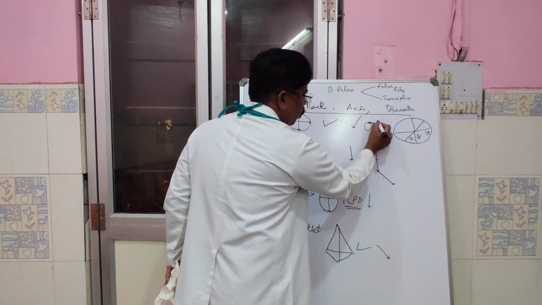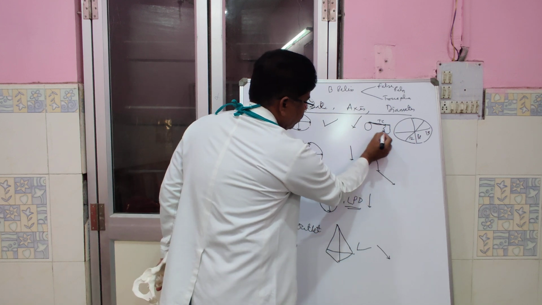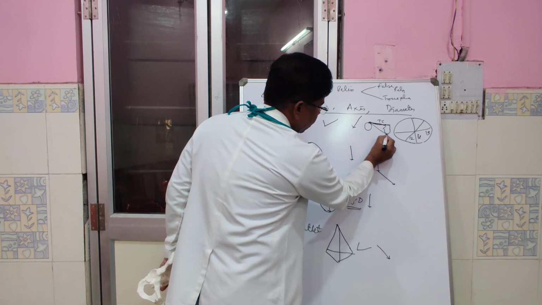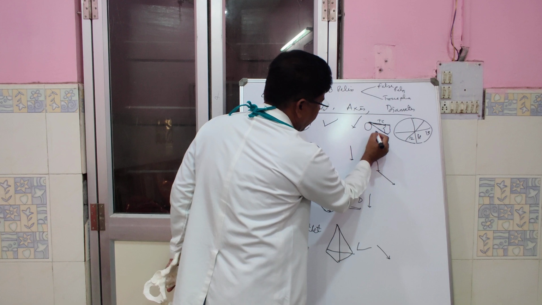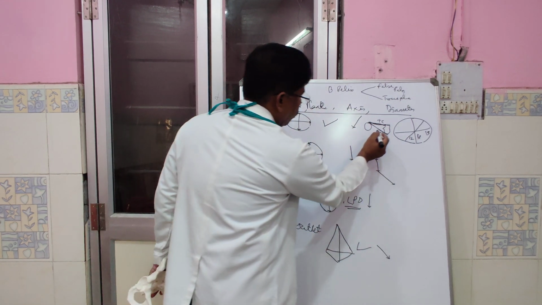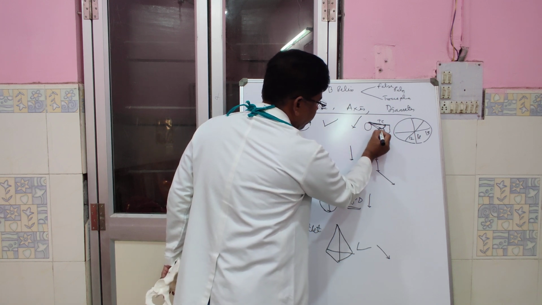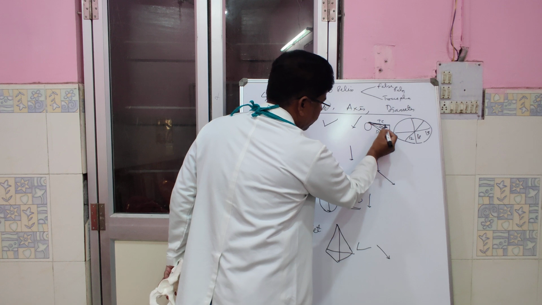Diagonal conjugate means the lower margin of the symphysis pubis to the midpoint of the sacral promontory. And obstetrical conjugate means the most prominent point behind the symphysis pubis to the midpoint of the sacral promontory.